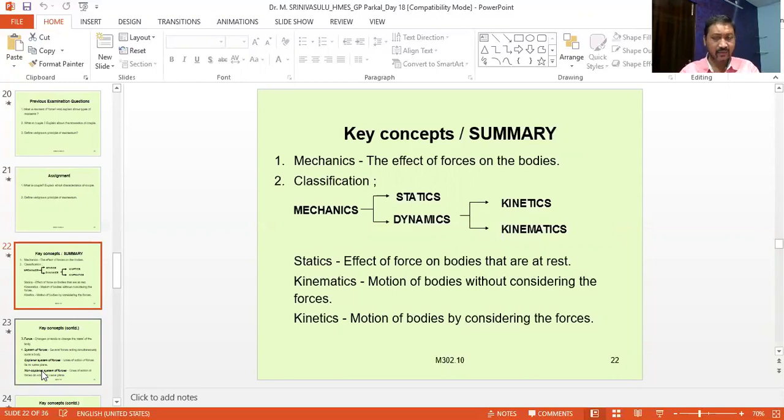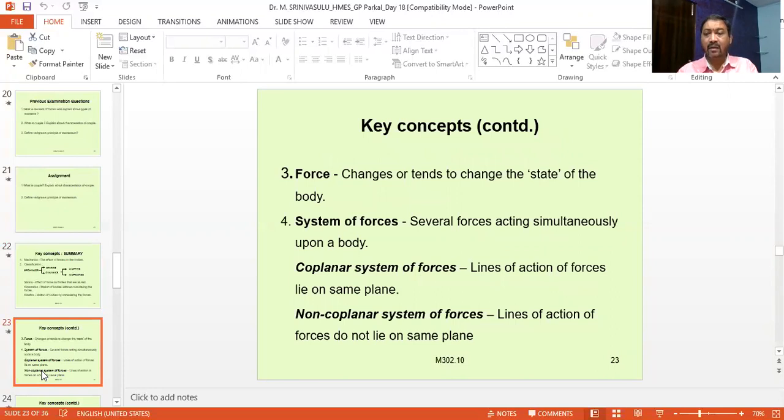That part we do not cover, and in this subject our study is limited to only statics. And also the main important term for our chapter is force. So this is a very important term.